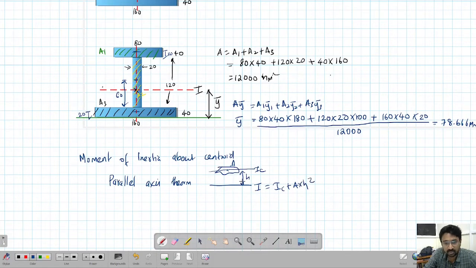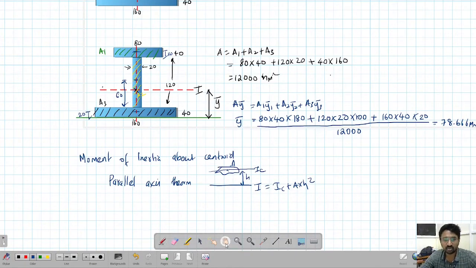H is the distance between the axis in which we know the moment of inertia and the axis in which we want to find the moment of inertia. Okay, so moment of inertia about the centroid axis plus area into h square will give me the moment of inertia of this area about this axis. Okay, this is what we are going to use.